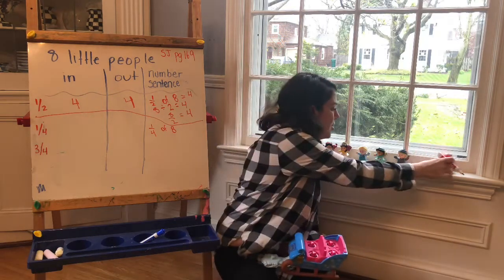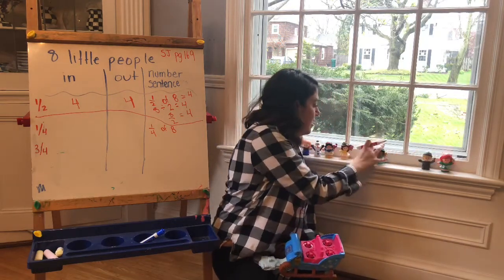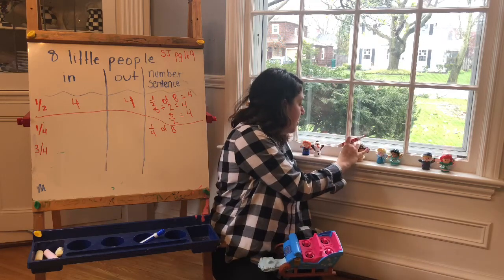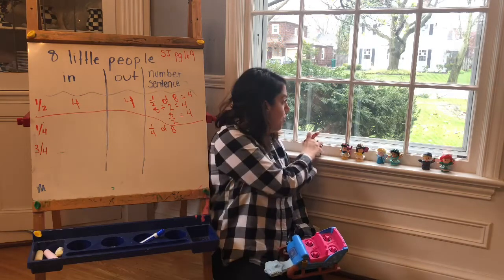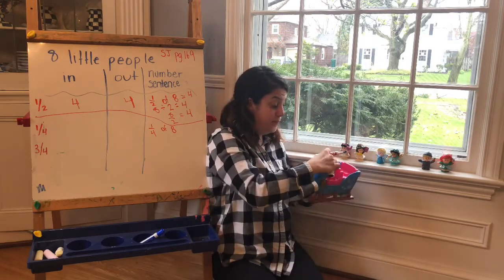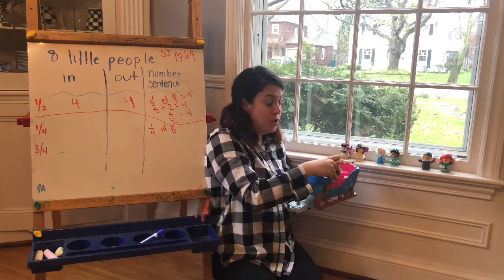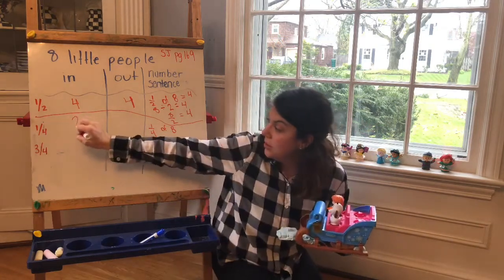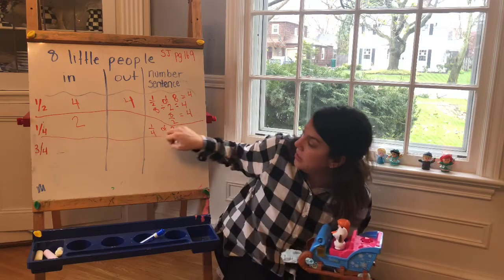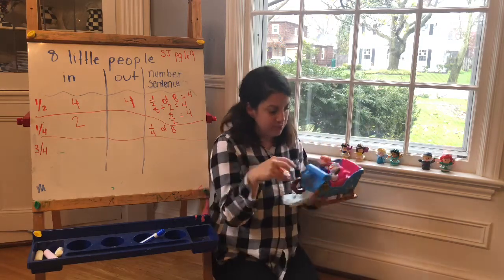Okay, so that would then mean that I would have 4 groups of 2. So 1/4 of 8 would be 2, which would mean that I would have 2 little people in my sleigh.